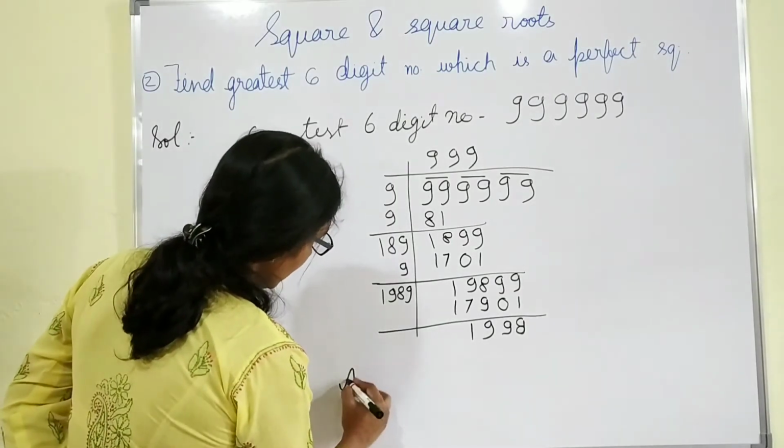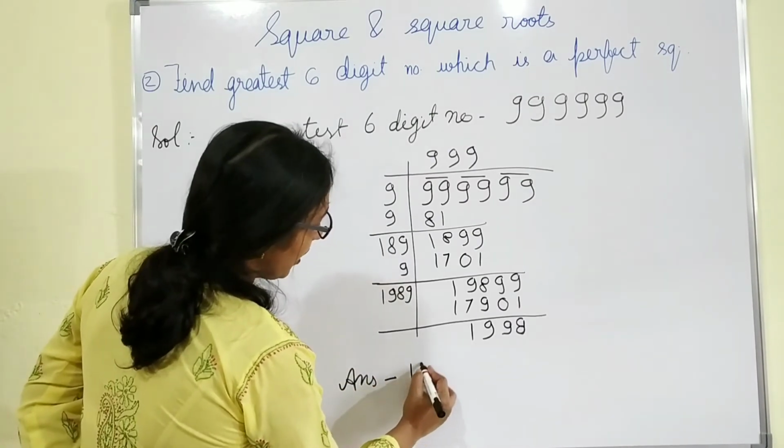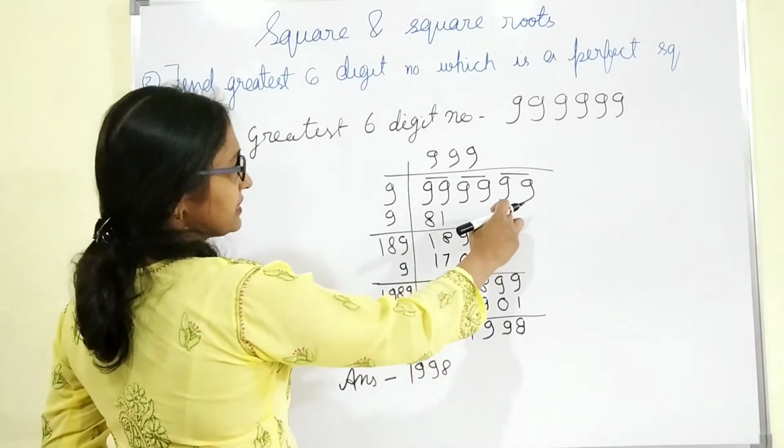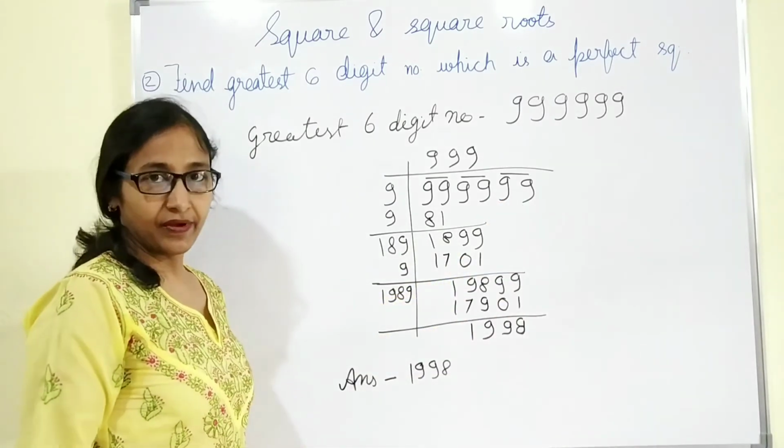So our answer is 1998. If this number is subtracted from this number, it will become a perfect square.